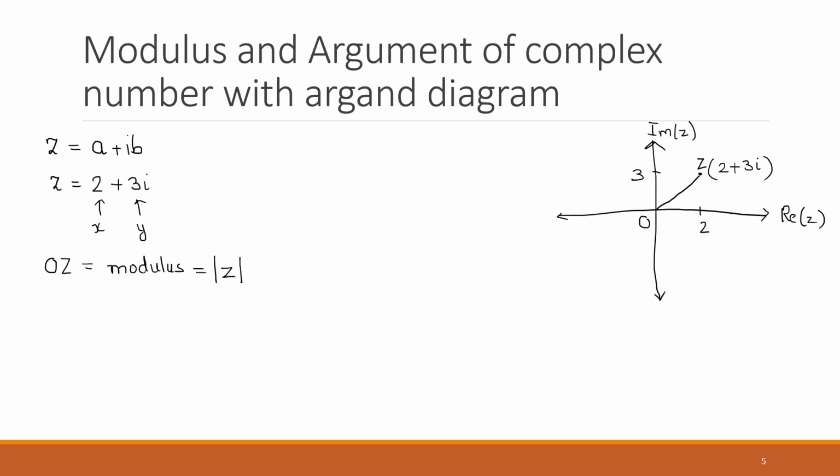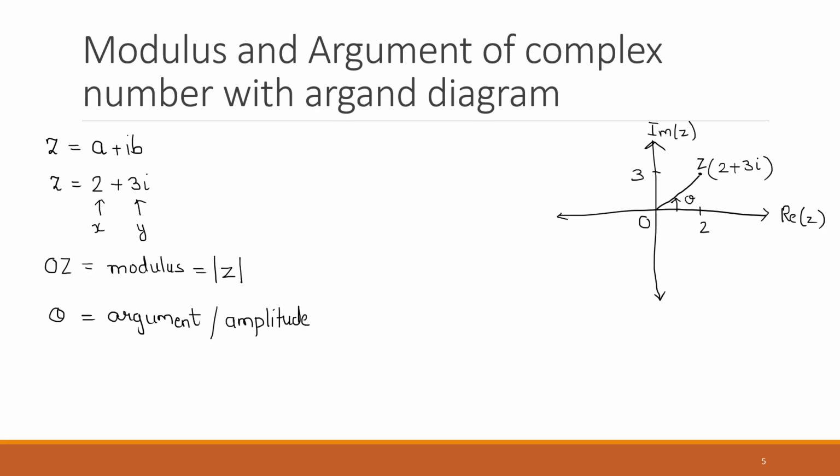Now that OZ is making an angle theta with the positive direction of the x-axis. That theta is nothing but the argument. Remember, the angle is made with the positive x-axis only. That theta is called the argument or the amplitude.